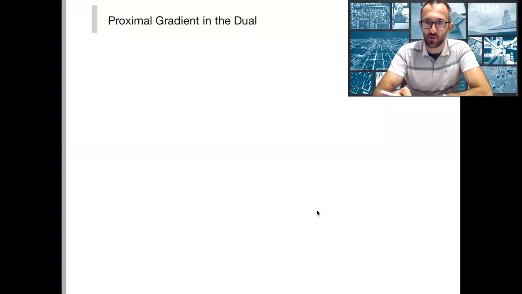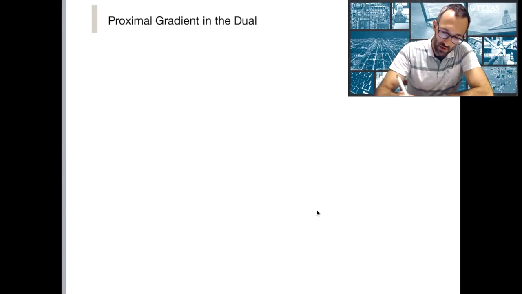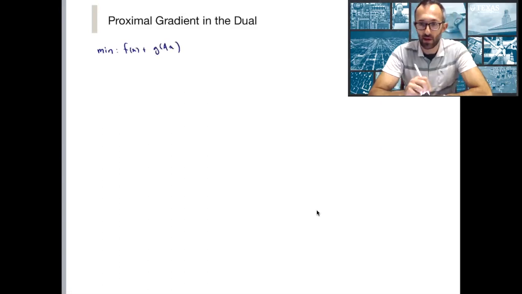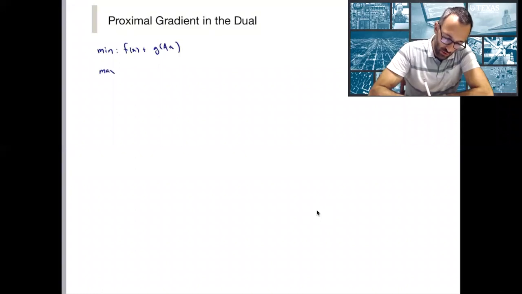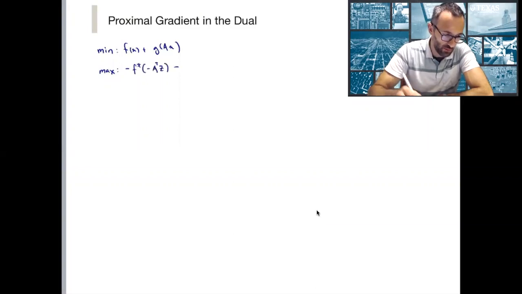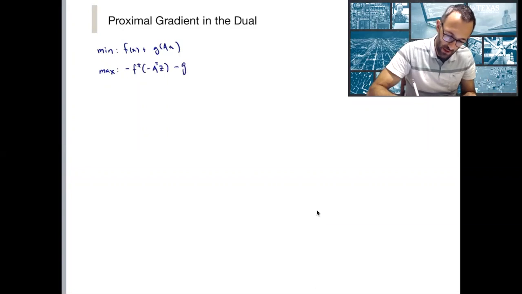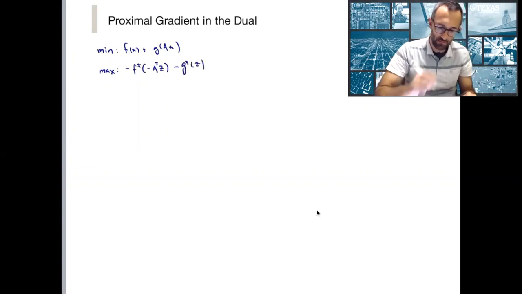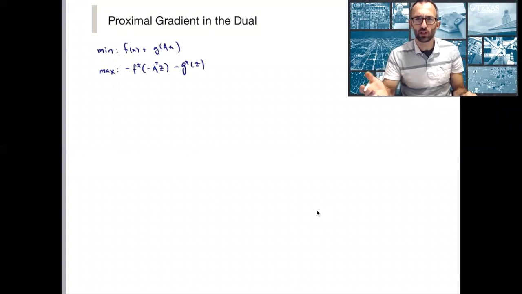So let's start at our familiar point of minimizing f of x plus g of Ax, somehow our template, and the dual is maximizing minus f star of minus A transpose z, z is my dual variable, minus g star of z.